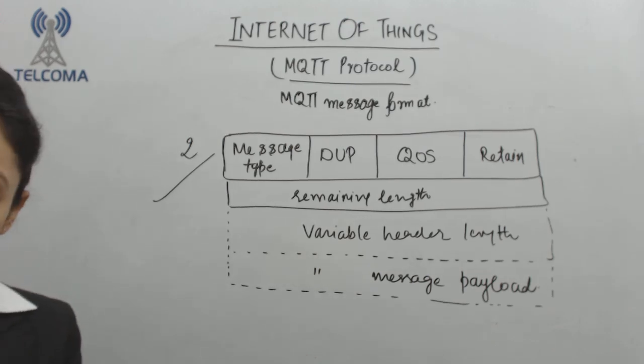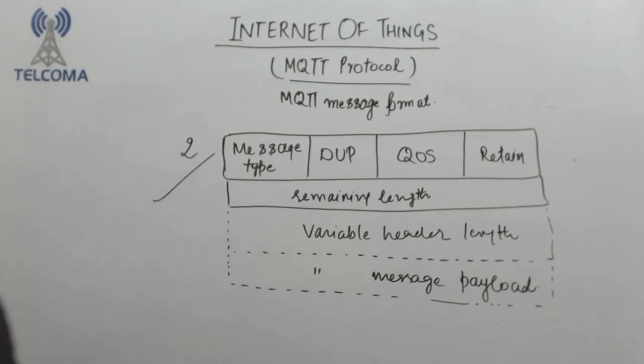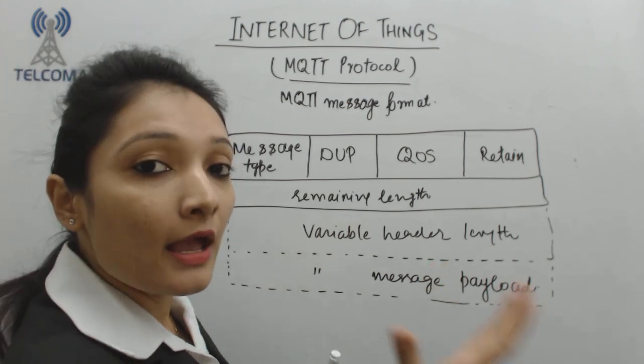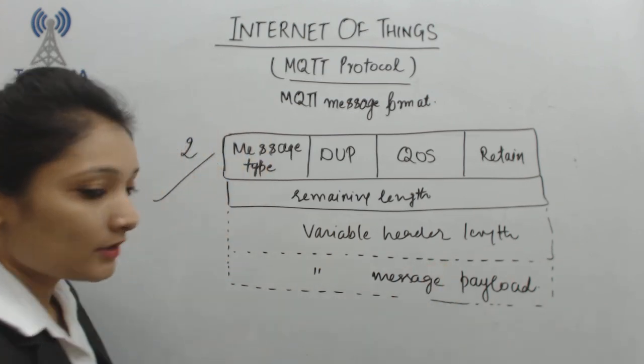So this field basically indicates what are the different types of messages which are being exchanged between the client and the server here.